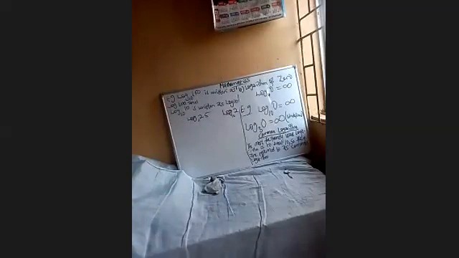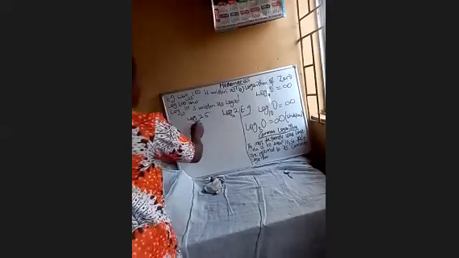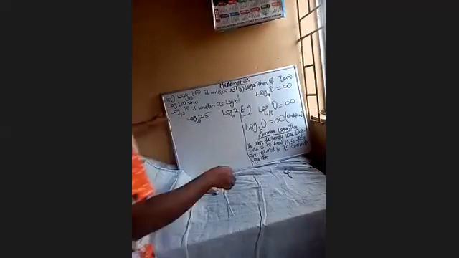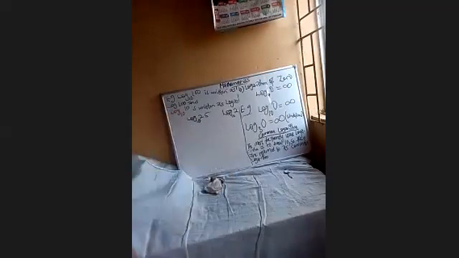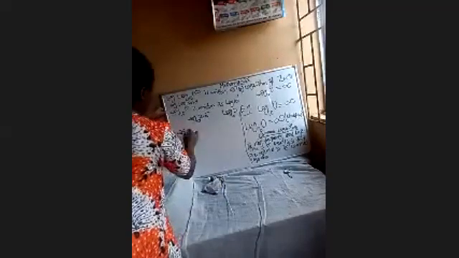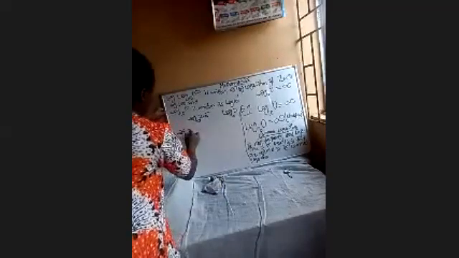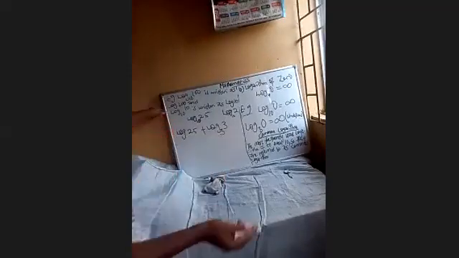They gave us one with a base and one without a base, maybe something like this: logarithm of 25 plus logarithm of 3 to the base of 5.